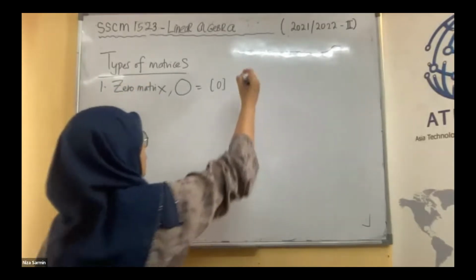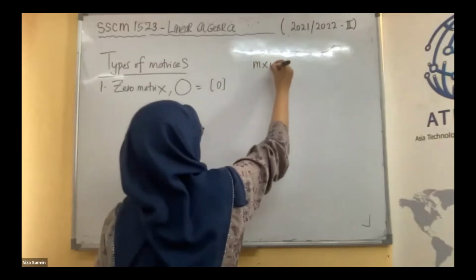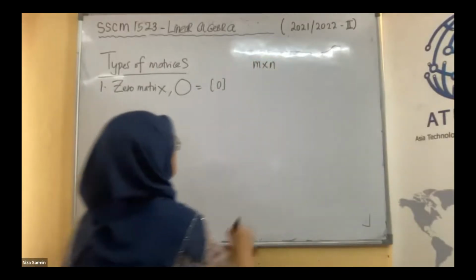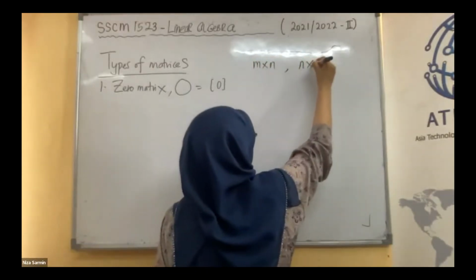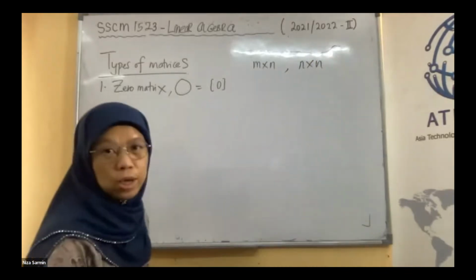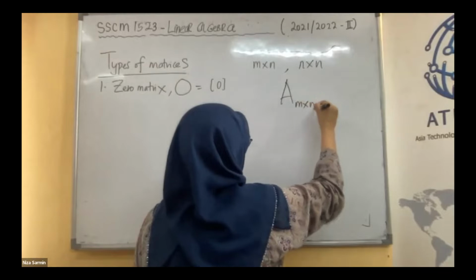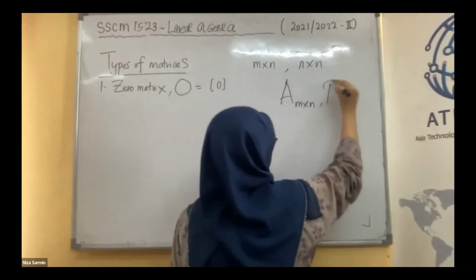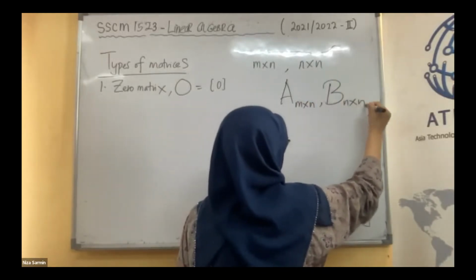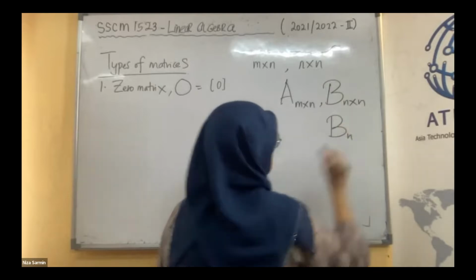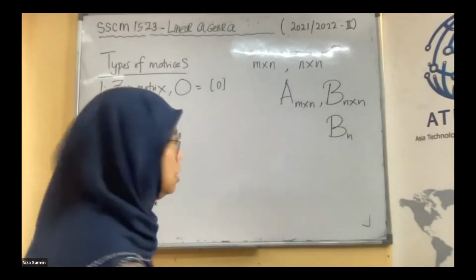And we have in general an M by N matrix, right? We can also have an N by N matrix, a square. If you have an M by N matrix, you write like this. If you have an N by N matrix, sometimes you write that, sometimes you just put this, okay?